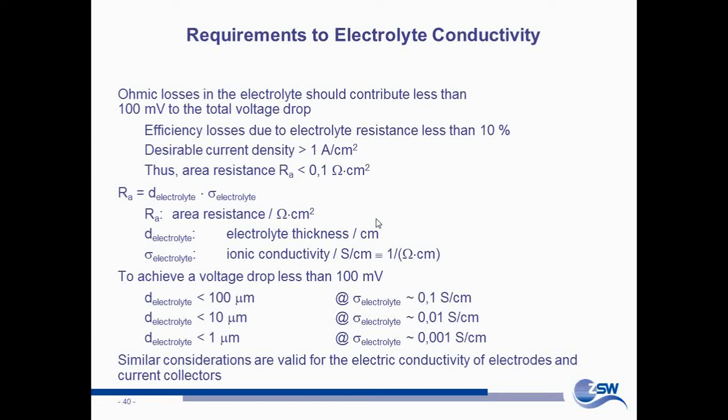If we would accept an efficiency loss due to electrolyte resistance in the fuel cell of about 10%, and we would like to operate at a current density of 1 amp per square centimeter, though frankly today's objectives are closer to 2 amps per square centimeter, then in any case we would need an area resistance of about 100 milliohm square centimeters, right?